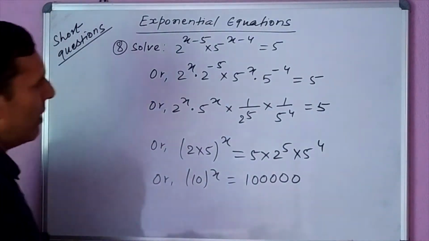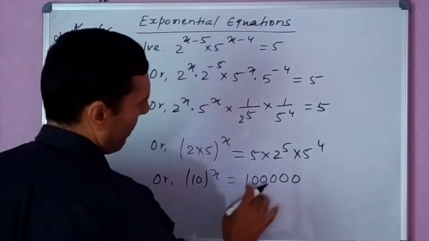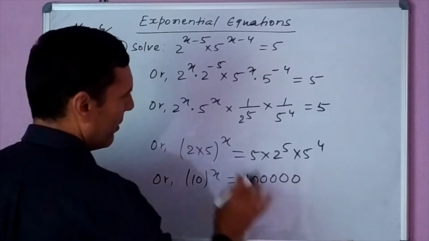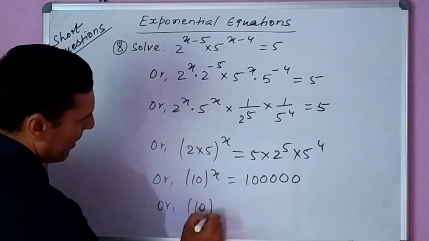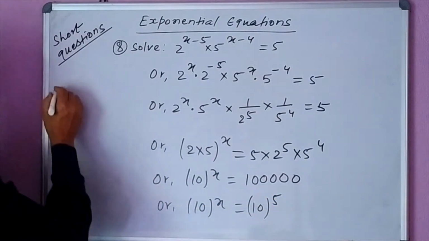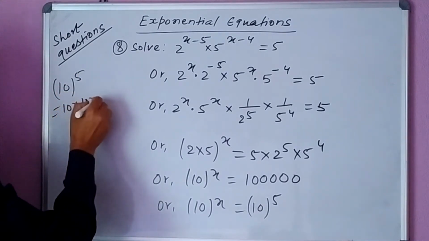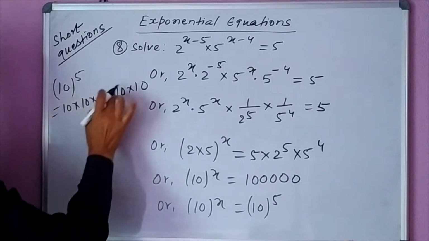And it is 10 to the power 5, as we have 5 zeros after 1: 1, 2, 3, 4, 5. So this can be written as 10 to the power x is equal to 10 to the power 5. Because 10 to the power 5 is 10 into 10 into 10 into 10 into 10, 5 times.